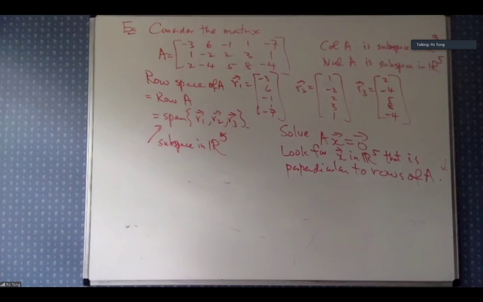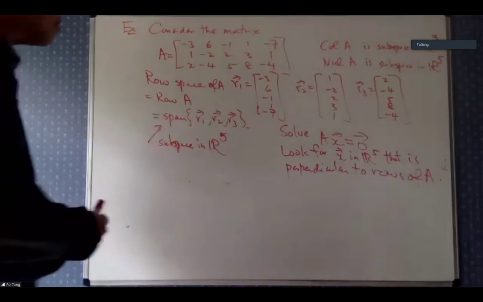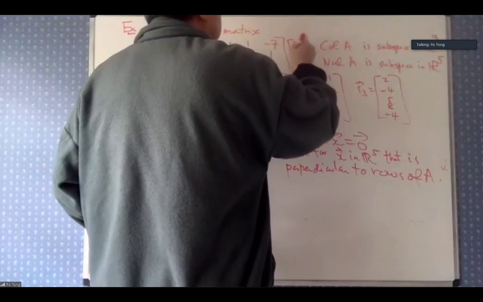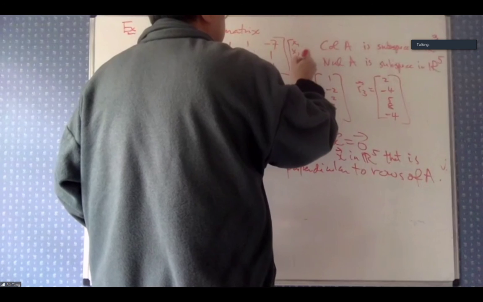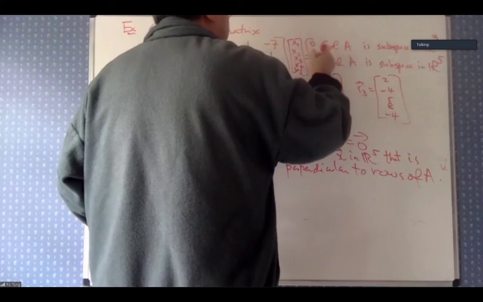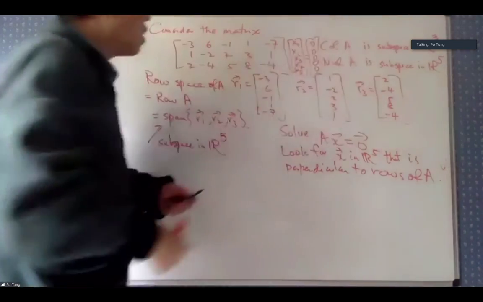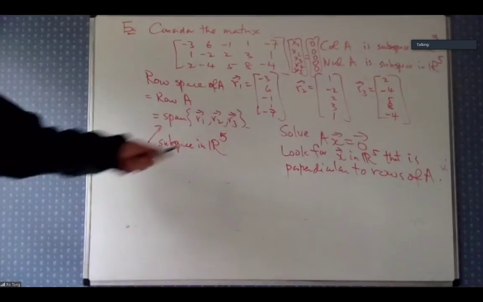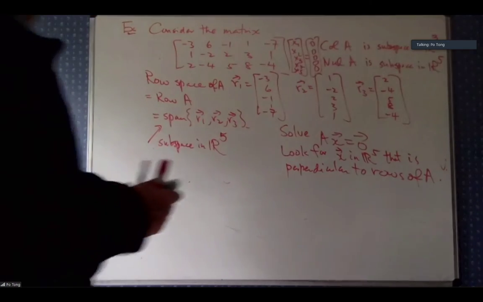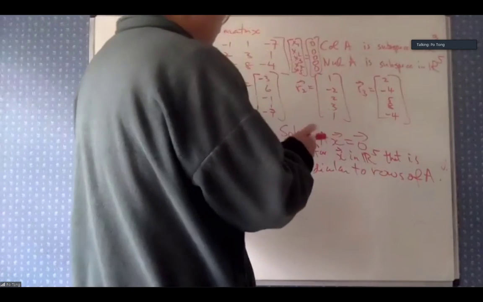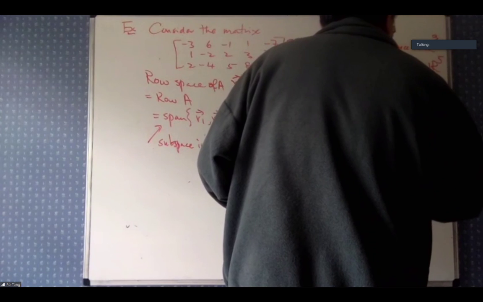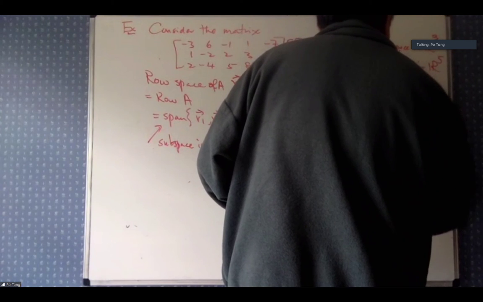So when I solve this guy times X equal to 0, I get the null space, right? Solve for AX equal to 0. The null space is the solution set for AX equal to 0. Okay. Solution set is equal to the null space of A.